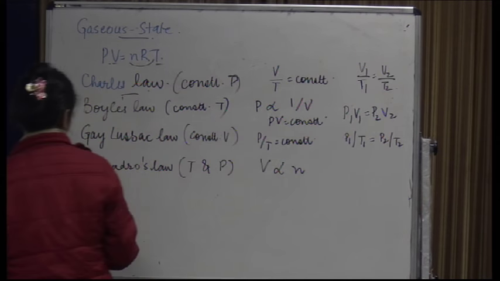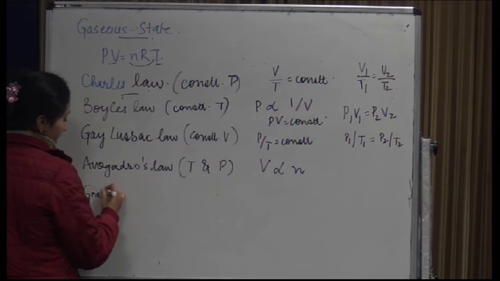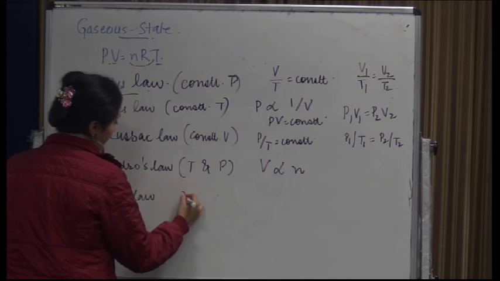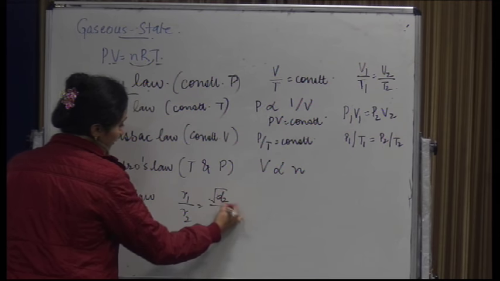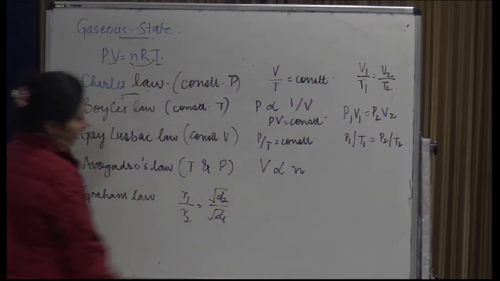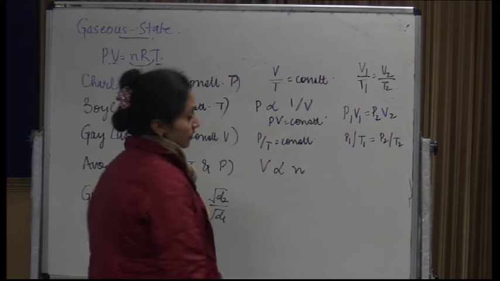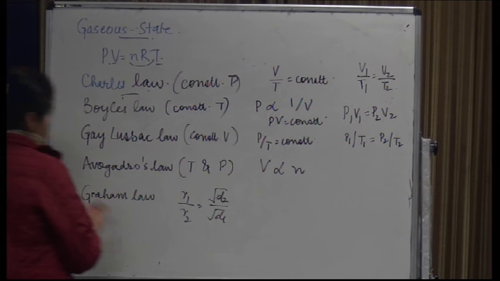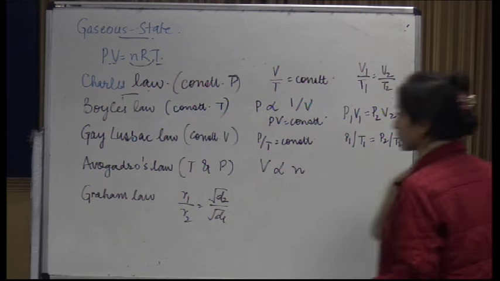Then just at the end of the class we discussed Graham's law of diffusion. What was Graham's law of diffusion? R1 upon R2 is equal to the square root of, and it can also be related to your molar masses. There was one topic that was left, Dalton's law of partial pressure, so we'll quickly go through it.